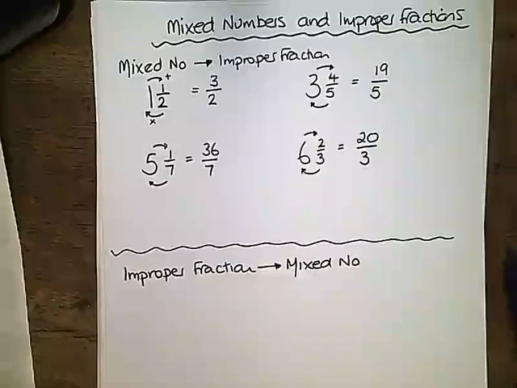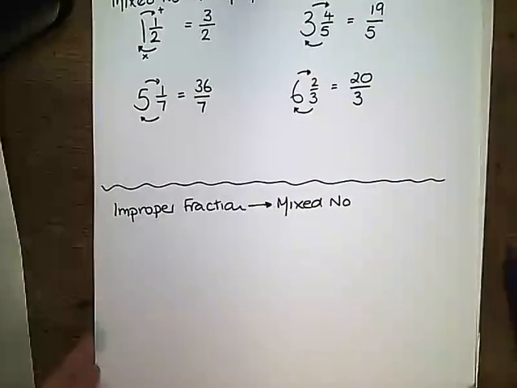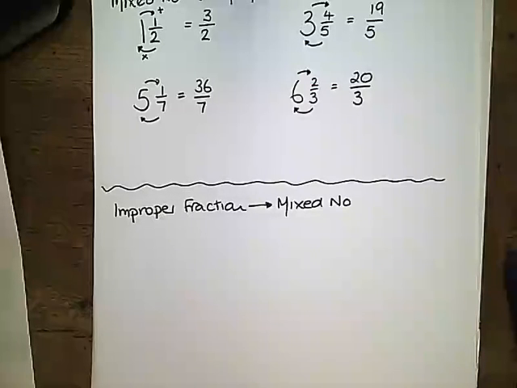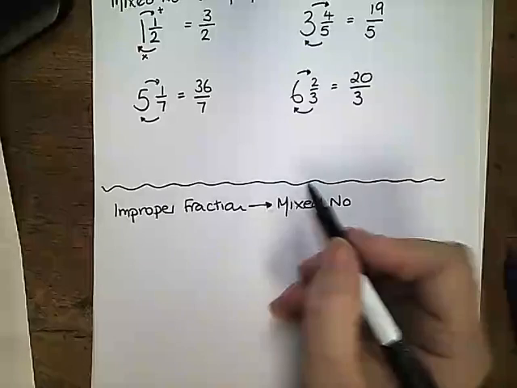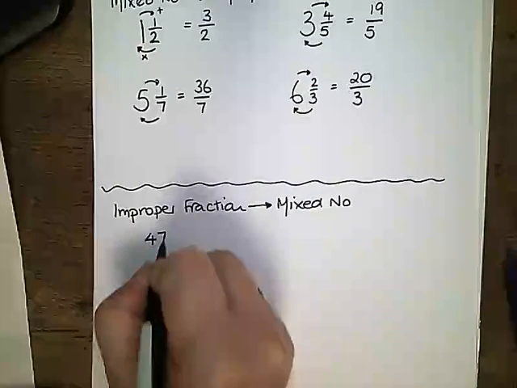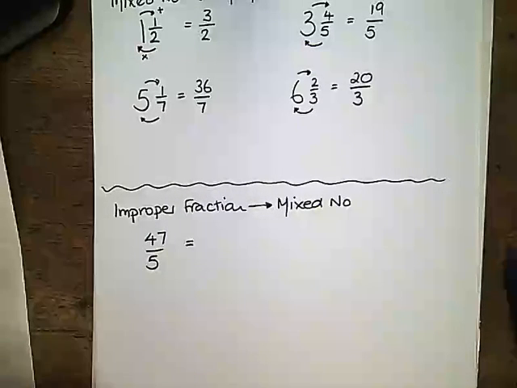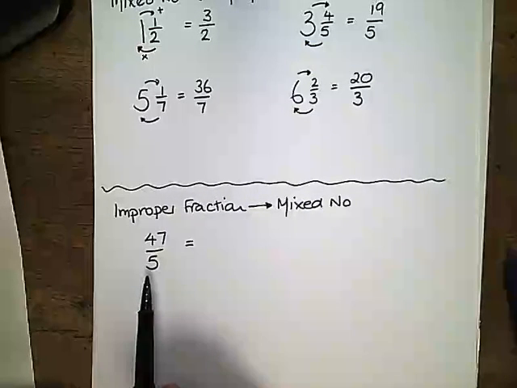When we do the reverse, when we go from an improper fraction to a mixed number, we need to think about division and how many bits of the fraction are left over. So let's start off with this, 47 fifths. And I need to ask myself, how many 5s will go into 47?